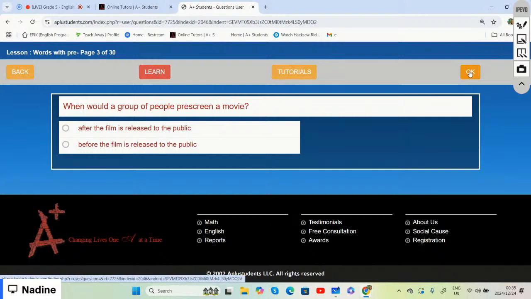So when would a group of people pre-screen a movie? Pre-screen a movie. Is it option one, after the film is released to the public, or option two, before the film is released to the public?